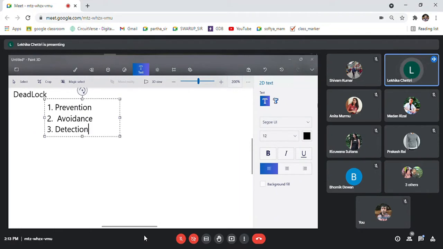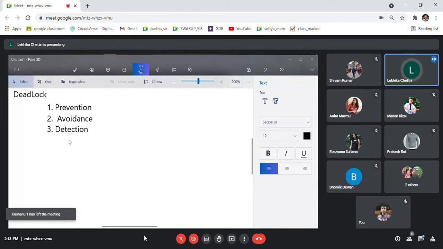First of all, we must not let deadlock occur, and that process is called prevention. If deadlock occurs, then the handling mechanism is called deadlock avoidance. And if deadlock occurs, it is first important that we detect that the deadlock has occurred, and that mechanism is called deadlock detection. So these are the three things that we will be studying in the deadlock chapter.